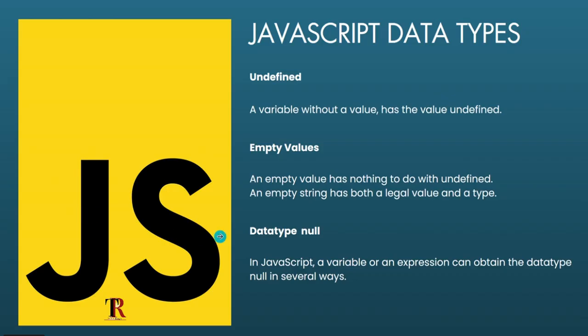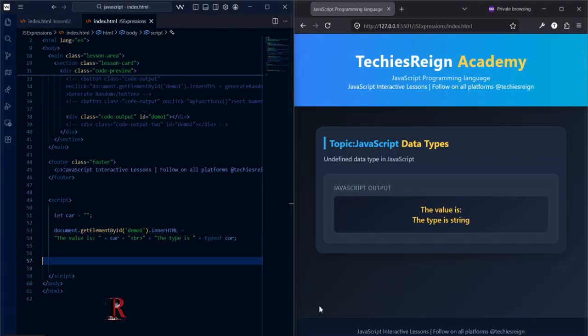Let's move on and talk about data type null. In JavaScript, a variable and an expression can obtain the data type null in several ways. So let's look at how a variable and an expression can obtain the data type null in JavaScript.